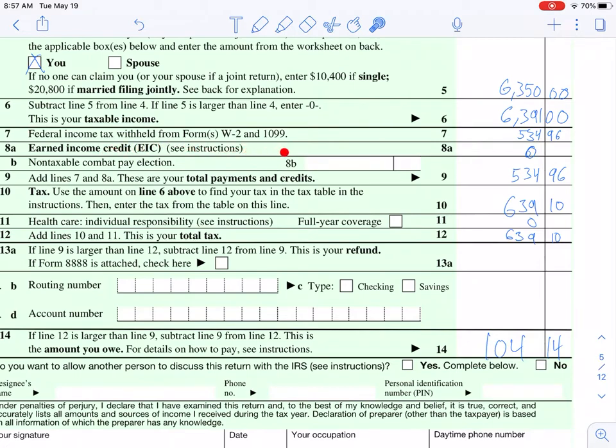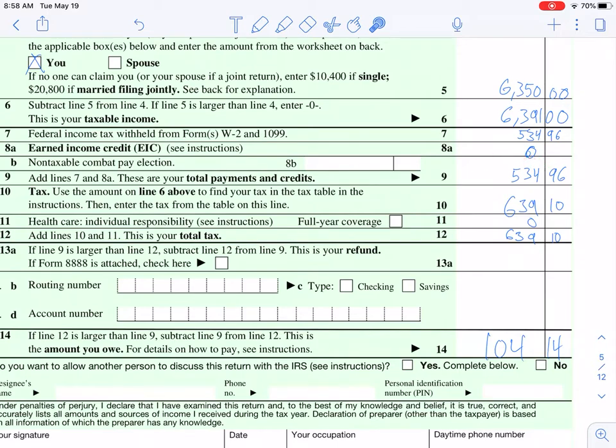Earned income credit, we're not going to worry about that. Non-taxable combat pay election, we're not going to worry about that. We're adding lines 7 and 8A. And we have $534.96. That's how much she sent into the government from each paycheck to pay her taxes at the end of the year.